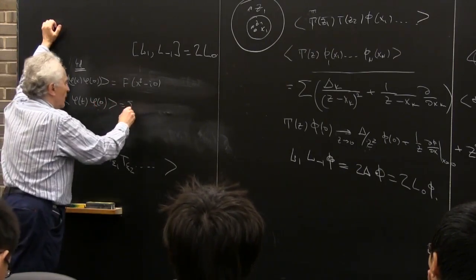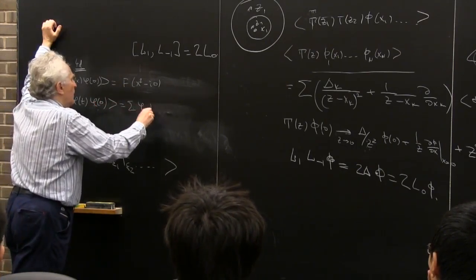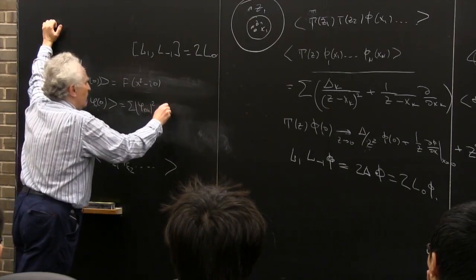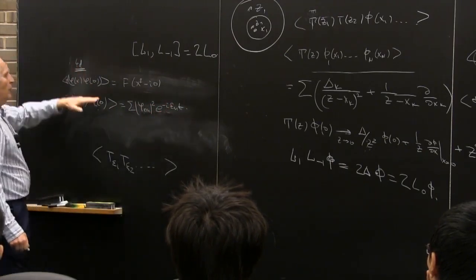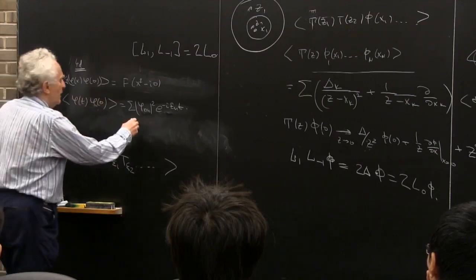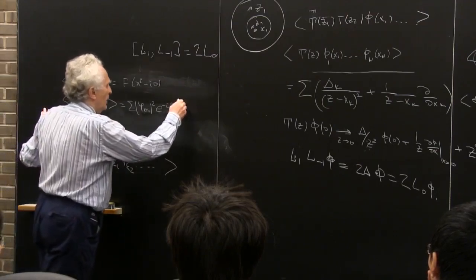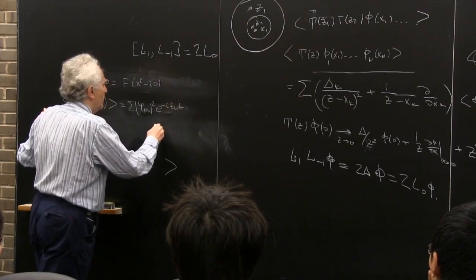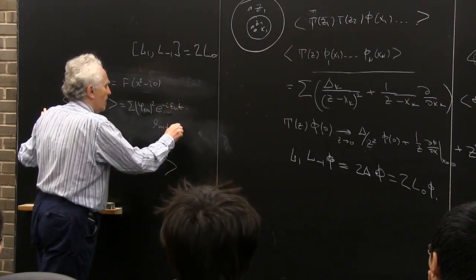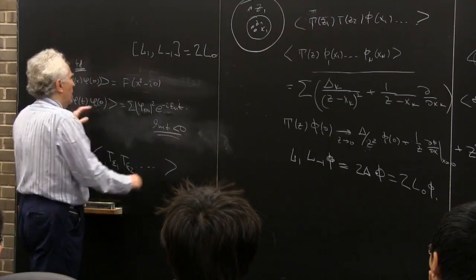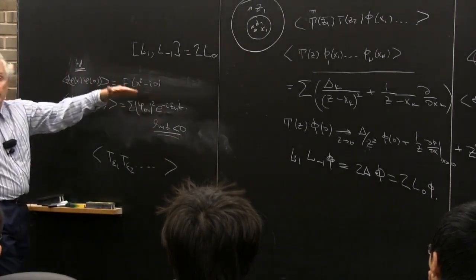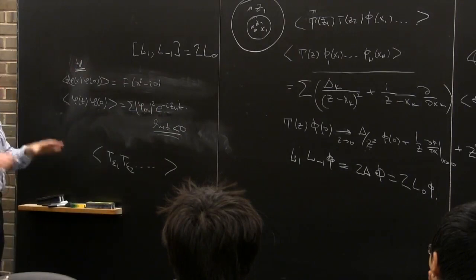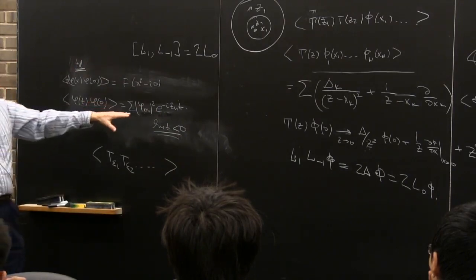You have phi 0 n squared e to the minus int, where I assume the lowest state is 0. And you see that if I continue to imaginary time less than 0, the sum becomes better and better convergent. So in the whole lower half plane, I don't have singularity.